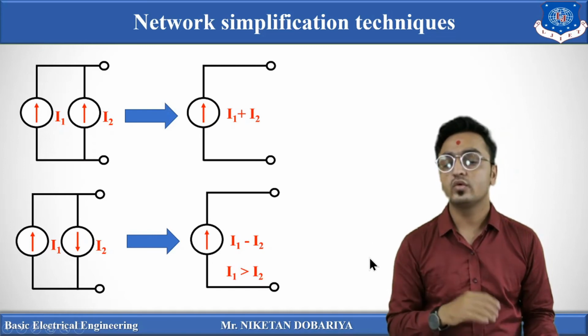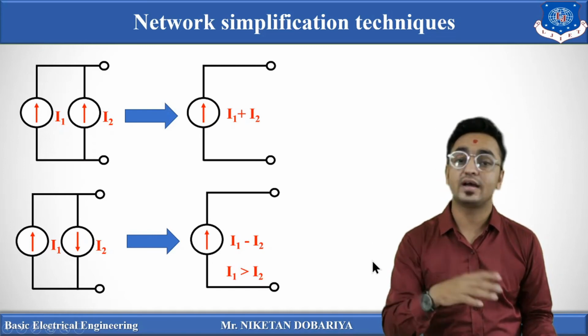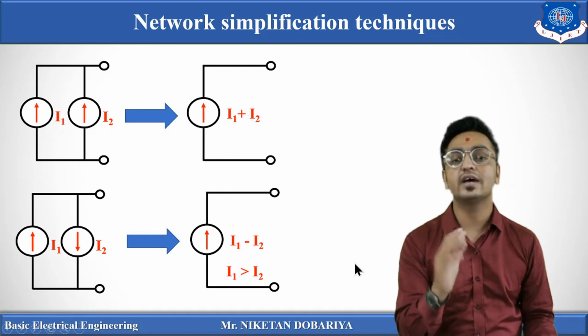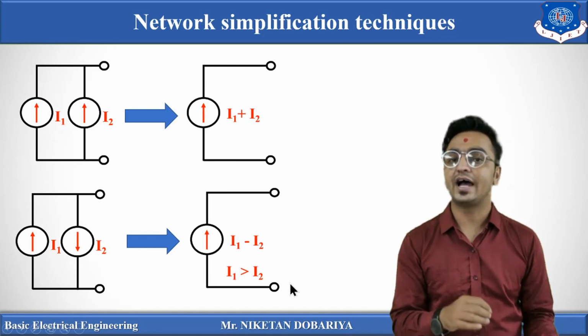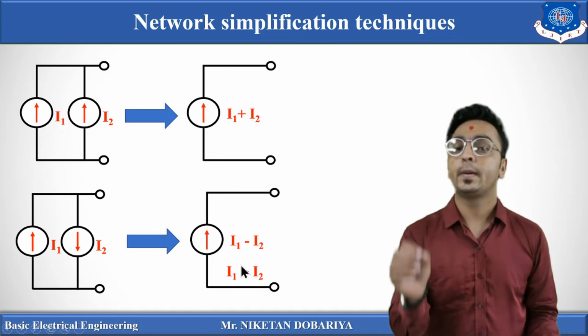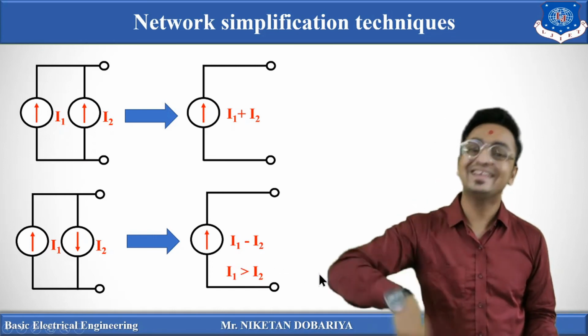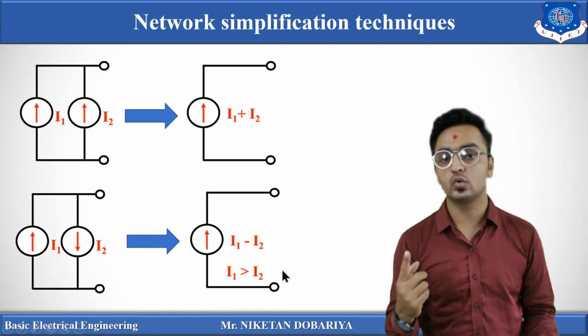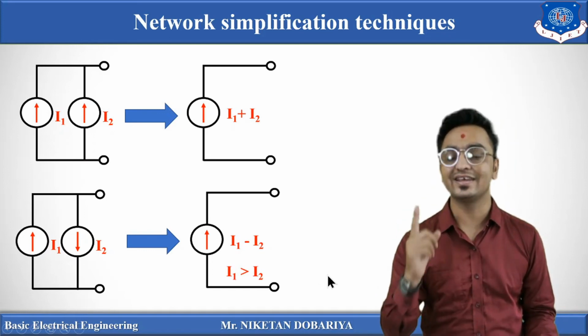We also consider the condition of I1 greater than I2 or I1 less than I2. If I1 is greater than I2, we find the resultant as I1 minus I2 in the direction of I1, which is the larger value.